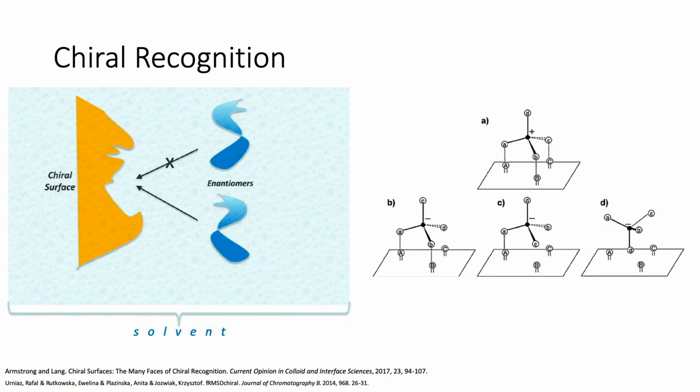If you have a protein, the amino acids in your protein are chiral. So the protein structure is determined by the chirality of these amino acids. You can end up with a chiral surface that has a bunch of chiral individual molecules in it. And if you have a substrate for your enzyme that is also chiral and you have different enantiomers, one will fit and one will not.